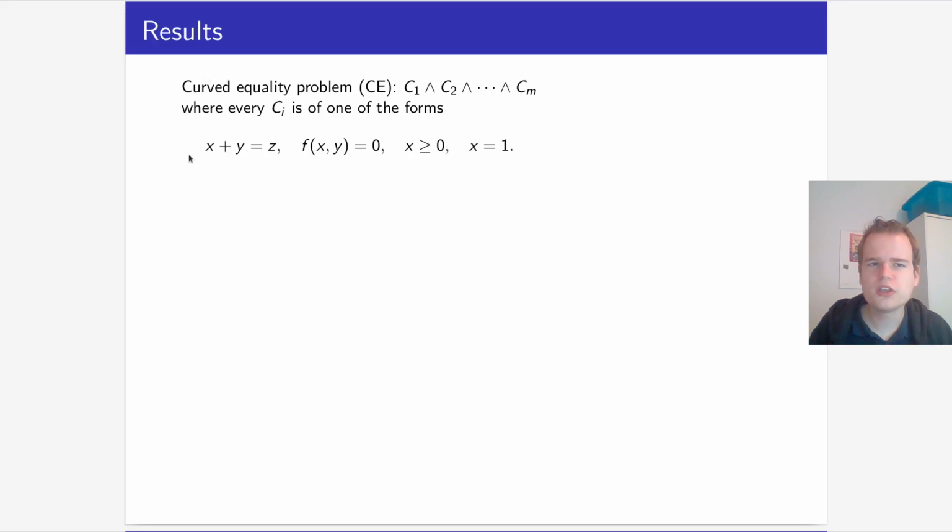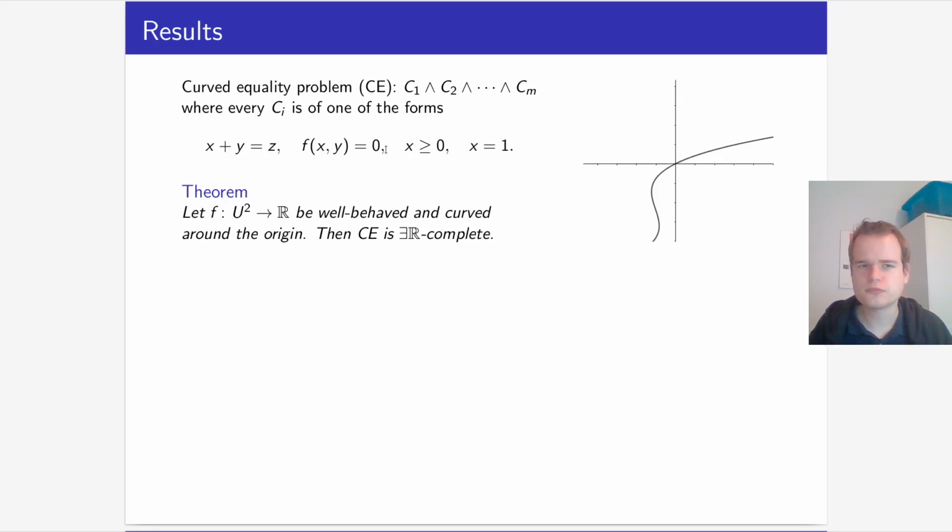So in particular, we first study this curved equality problem, where we have replaced this nonlinear constraint by some general constraint of the form f of x comma y equals 0. And now we show that in a lot of cases this problem is ER complete, but this f should satisfy some conditions.